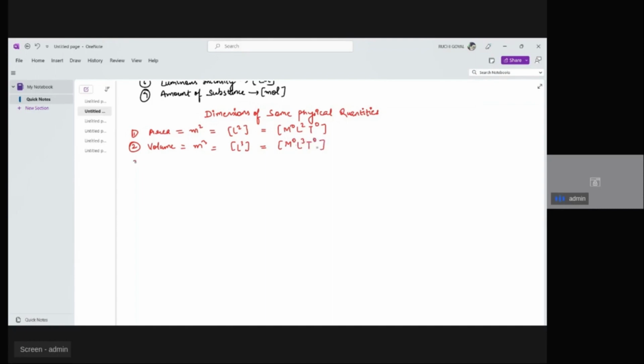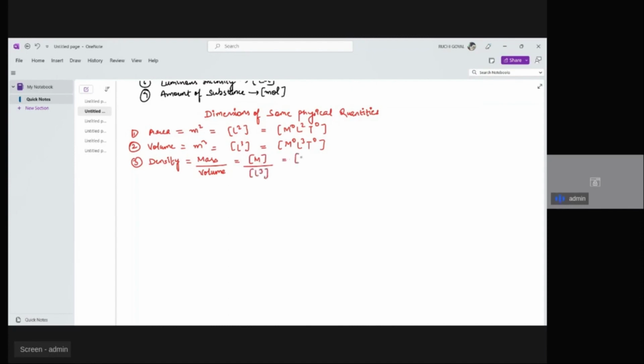Okay. Next, we can write density. What is the formula of density? Density is mass upon volume. So we have mass dimension as M, and we have found out dimension of volume as L3.